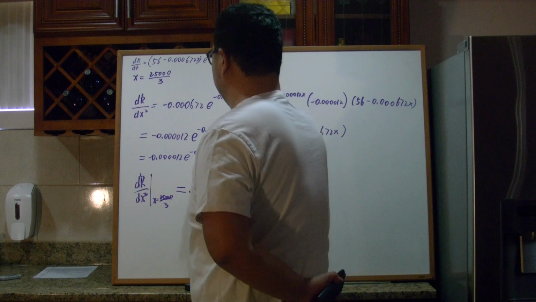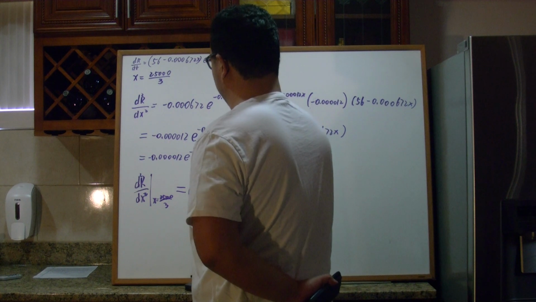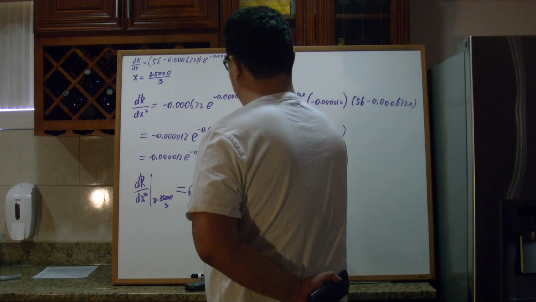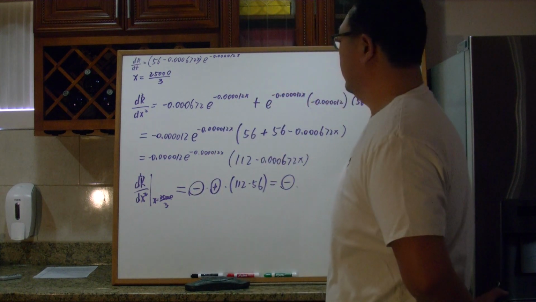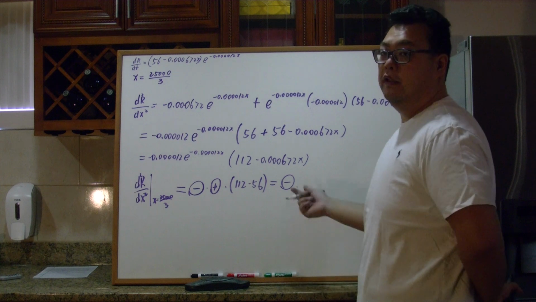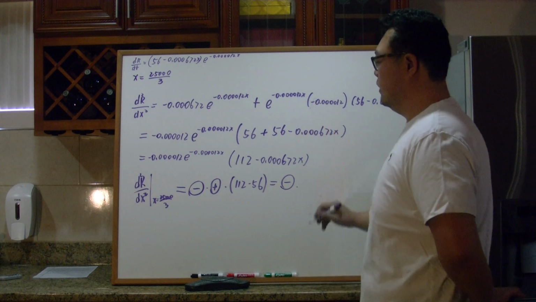Here is a negative number times a positive number times a positive number, which is smaller than 0, so it is concave down.